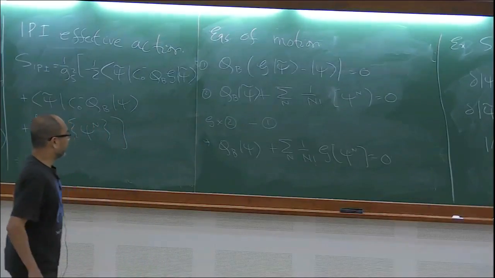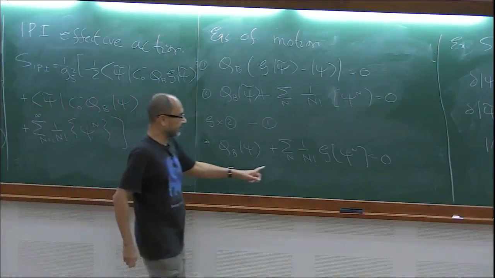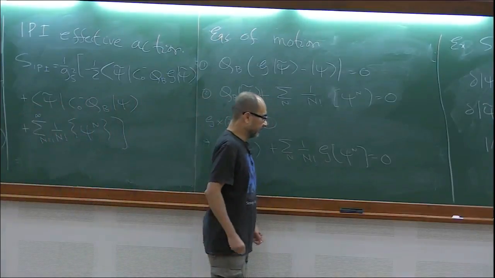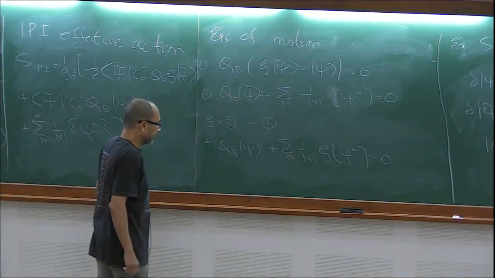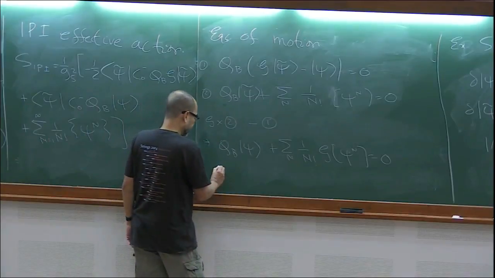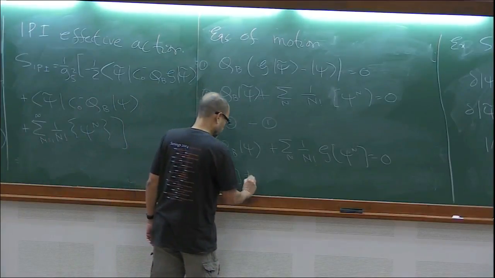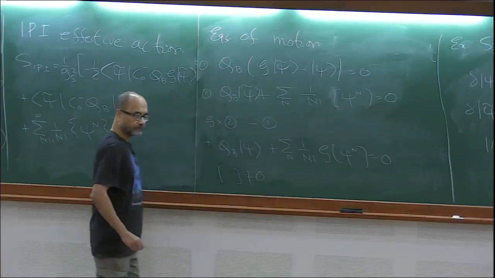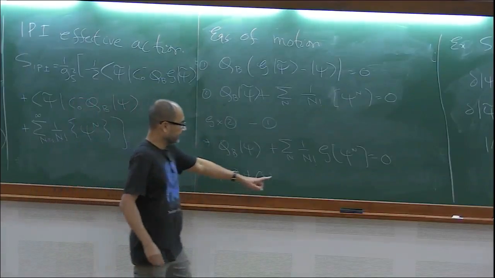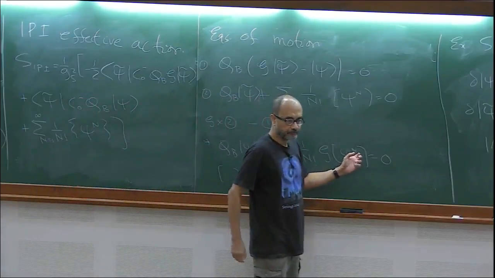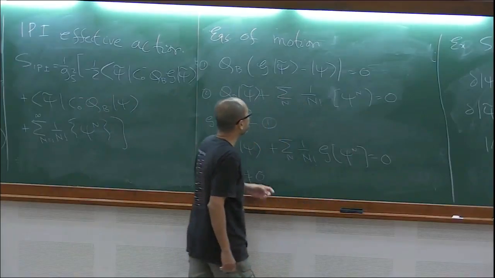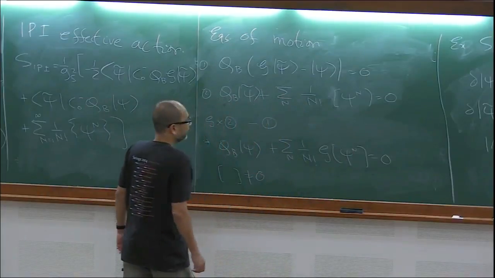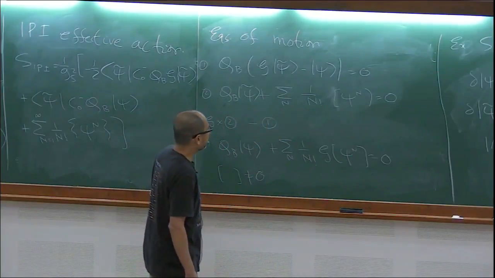Now from this we can see another interesting point, which is that in general this is not 0. What does this mean? This means the n equal to 0 term here.